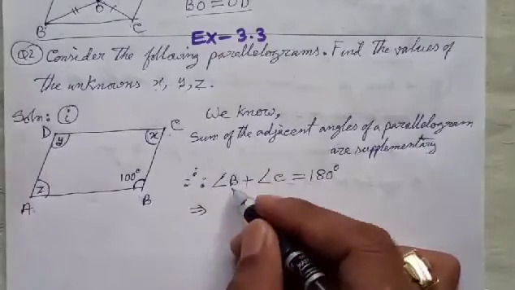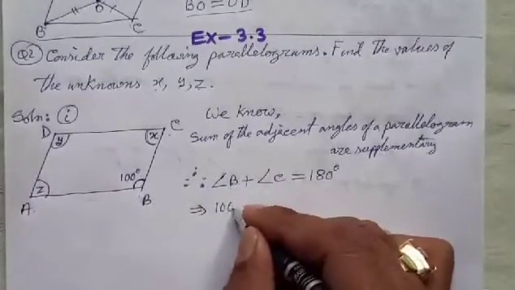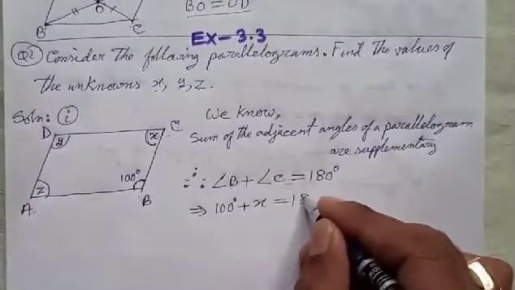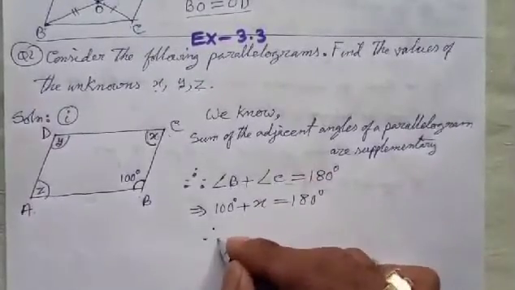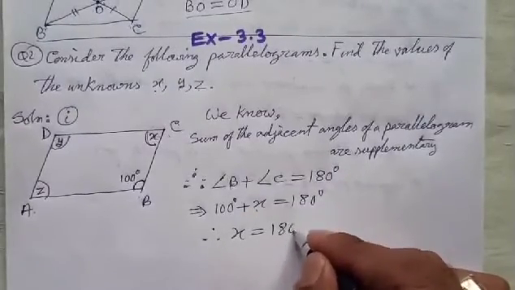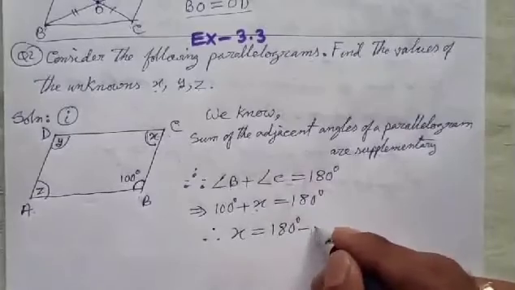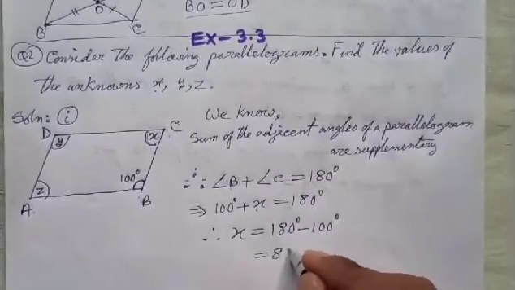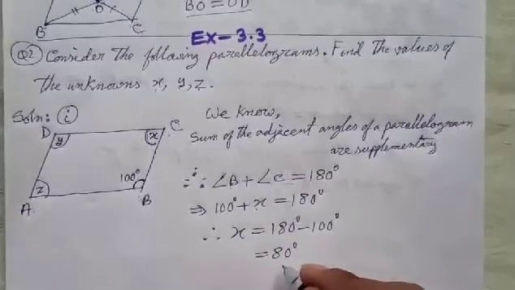Then this angle B is 100 degrees and angle C is x, and this is equal to 180 degrees. If we want to find out x, 100 degrees transposing to the other side, then the plus sign is changed to minus 100 degrees. 180 minus 100 is 80 degrees. Now x is getting 80 degrees.